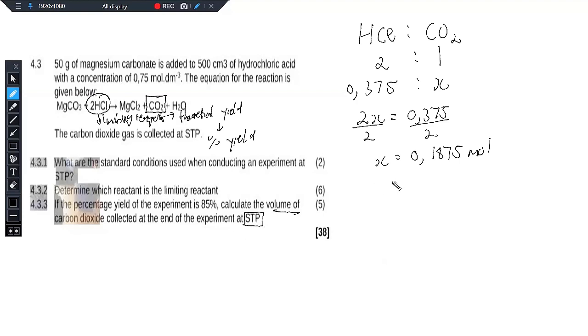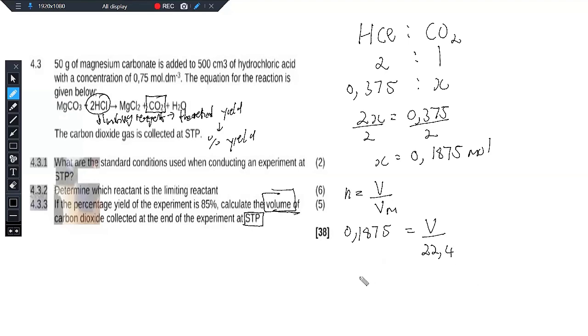Now in this case, remember, STP. So whenever we see STP, we know the formula that we have to use is n equals V over Vm. So what are we looking for? The volume. And then our number of moles is 0.1875. We are looking for V, but then the Vm, the molar gas volume, remember, it is 22.4.